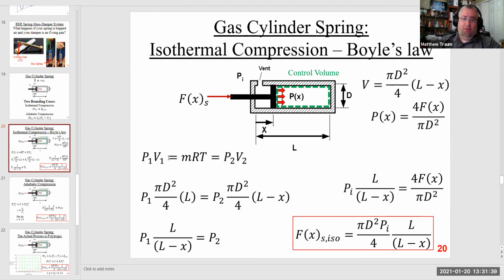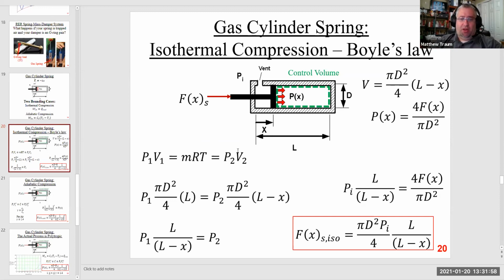So P1 V1 is equal to P2 V2. P and V can change for sure, but their product is a constant. As you increase the pressure of the gas, you're decreasing its volume, or as you increase the volume, you're decreasing its pressure, and that product is always a constant.